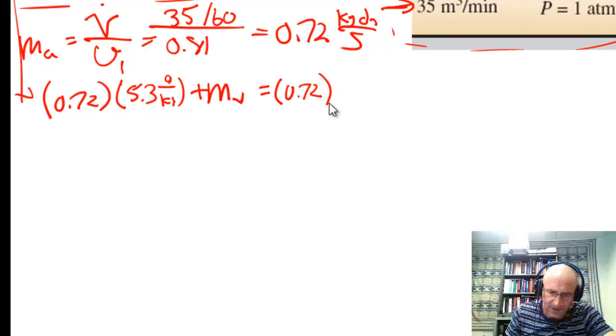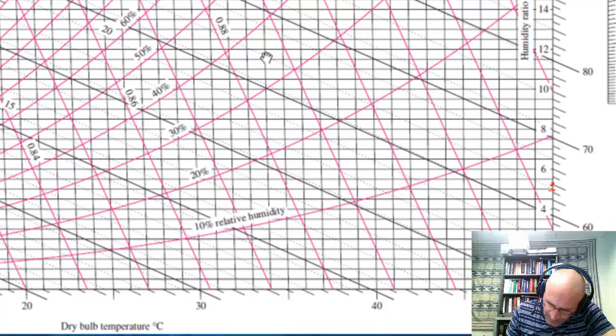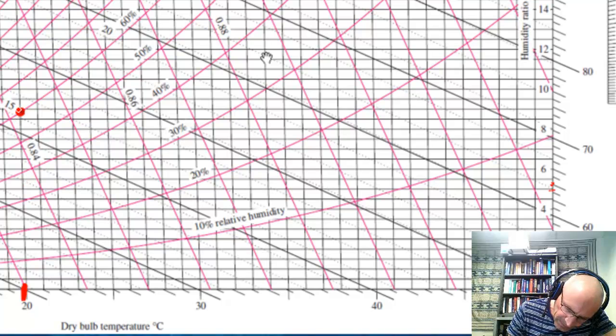Now I've got to look at my outlet conditions. My outlet conditions are 20 degrees and 60%. Coming over again to my psychrometric chart, I'm at 20 and going up to 60, and that's right there. So that's where my point is. Again, to find omega, I look straight across at that value.